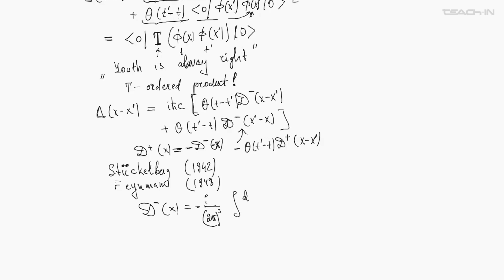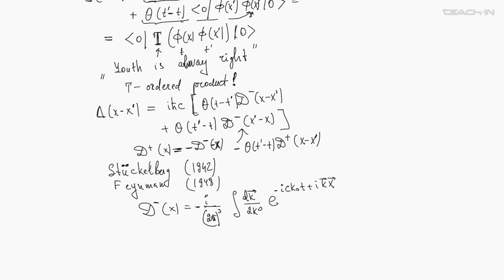For the retarded Green's function, I used just the whole D. Now I take the part of it which is D minus, with exponent minus i k0 t plus i k x. So this is the integral representation for the negative frequency part D minus.